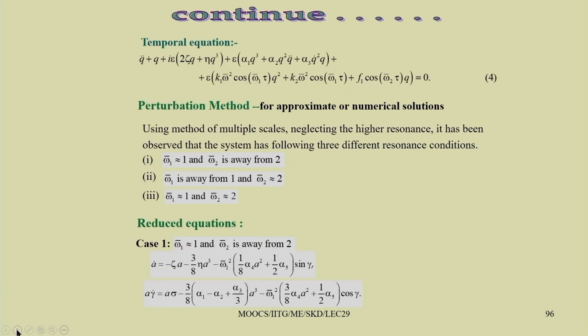Due to the presence of the complex number, we have three different resonance conditions: omega 1 equal to 1, omega 2 away from 2; omega 1 bar away from 1, omega 2 bar nearly equal to 2; and omega 1 bar equal to 1 and omega 2 bar equal to 2.